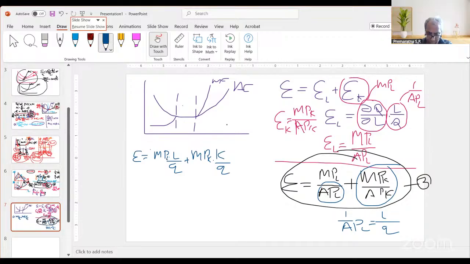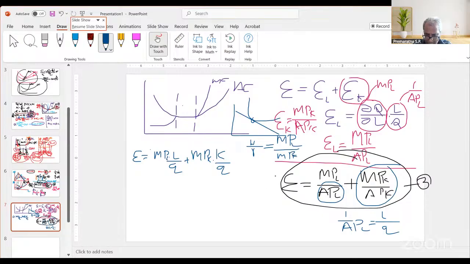Now, if you remember what we discussed today at the optimal level, when you get this production optimal level, the condition is satisfied at this point. Here we discussed the price ratio: marginal product of labor divided by marginal product of capital.